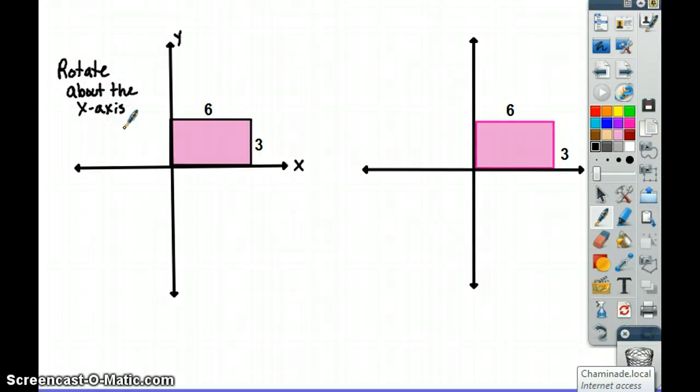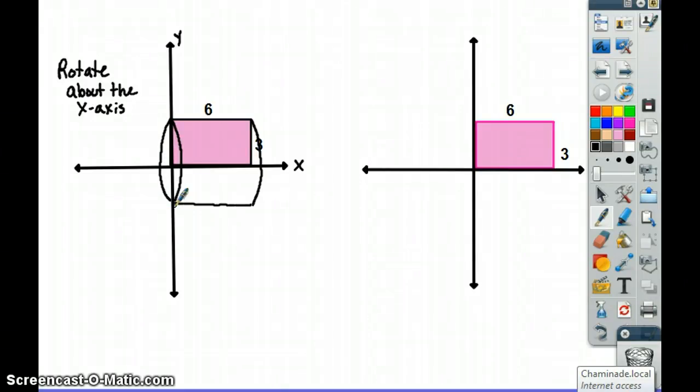Now, first of all, let's imagine what we would get if we rotated this thing. This rectangle would spin around the x-axis. And when I would do that, it would create a shape that would look cylindrical, like that.